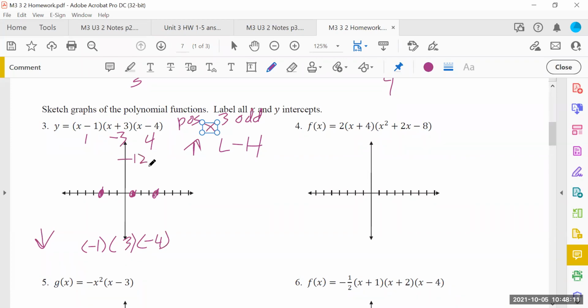Is that everything I need? Let's double check. Are there any bounces? Were any of those x-intercepts duplicated? Nope. So that should be it. Start low, up through the first one, hit that 12, down and back up. There is our graph.